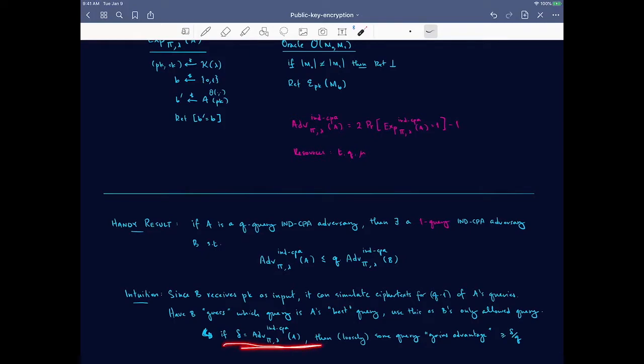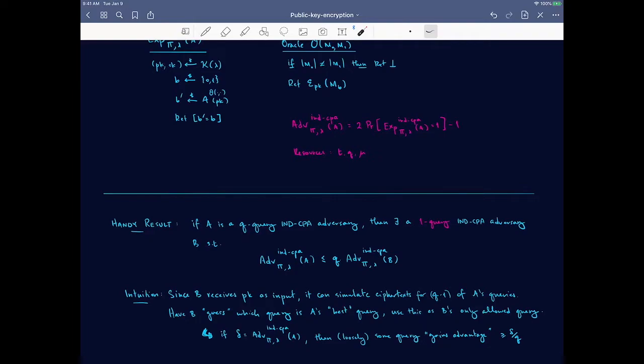If delta is the advantage that A gets using Q queries, then loosely, in a pigeonhole or triangle inequality kind of sense, if you can get delta advantage by using Q queries, then there's some query among those Q that, again loosely, gains advantage at least delta over Q.